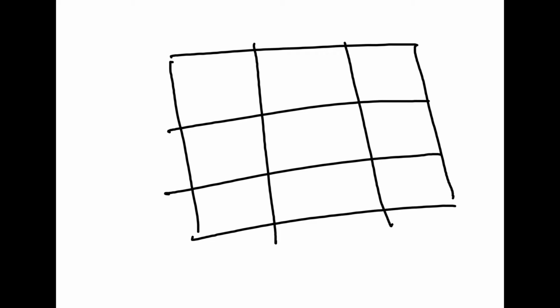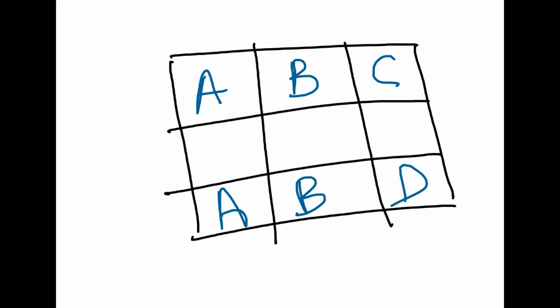Okay, so we'll start with the upper row with A, B, C. The lower one will be A, B, D, and then the middle row, we will fill it like that: genital hiatus, perineal body, and total vaginal length.